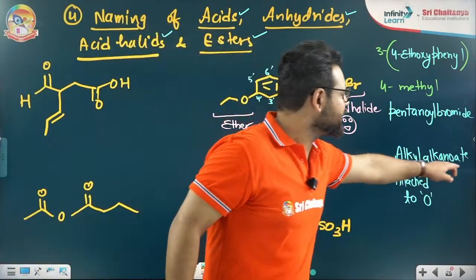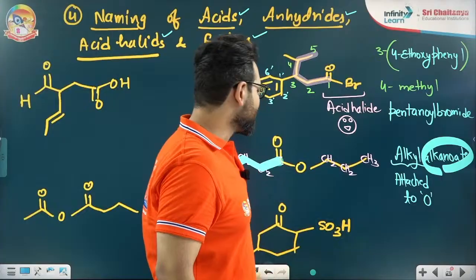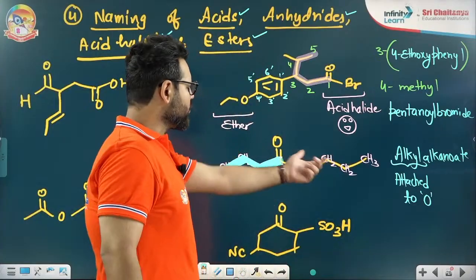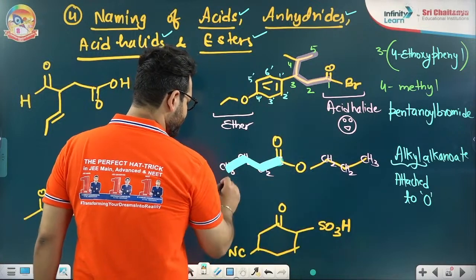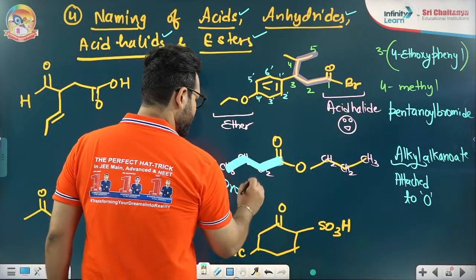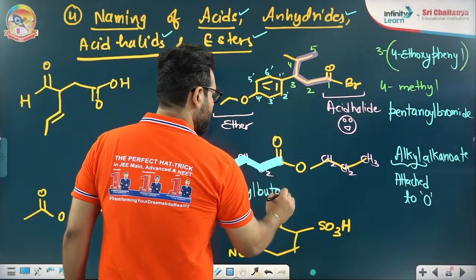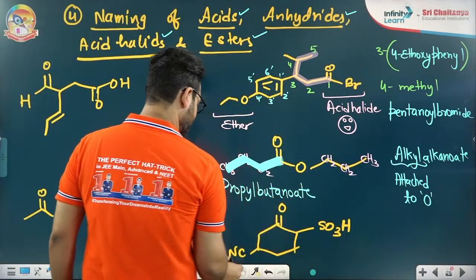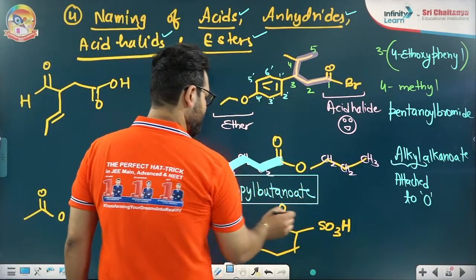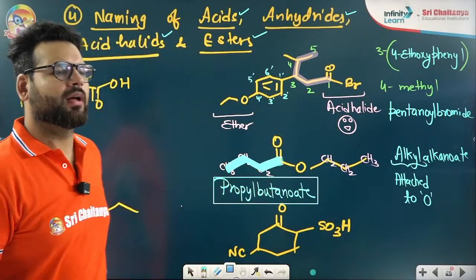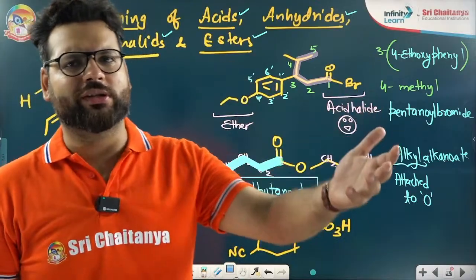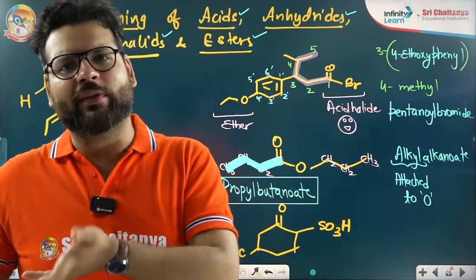So alkanoate is clear. Then what is the alkyl attached to oxygen? Propyl. This is propyl butanoate. The alkyl which is after oxygen, you name that alkyl first, then you name the oate part.